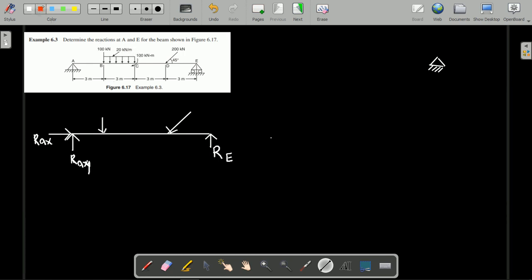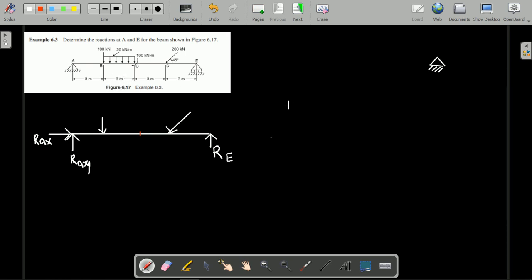So I have told you how to convert UDL into the point load. That is magnitude into the span where it is acting. So magnitude is 20 and it is acting at a 3 meter of span. Then you need to convert this UDL into the point load, and you need to apply it exactly at the center of this span.